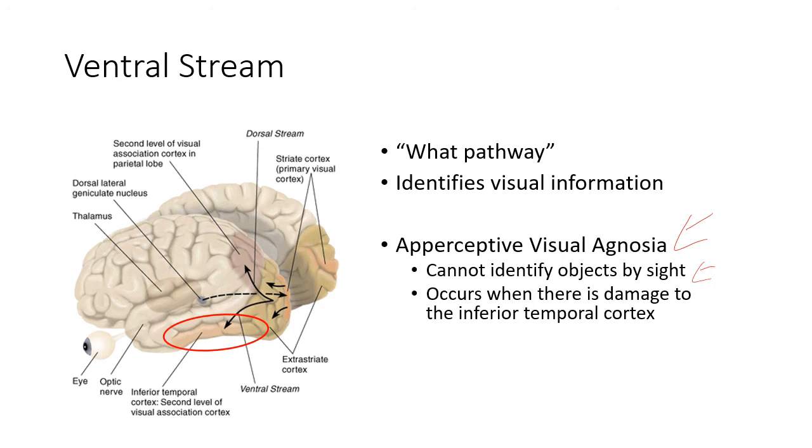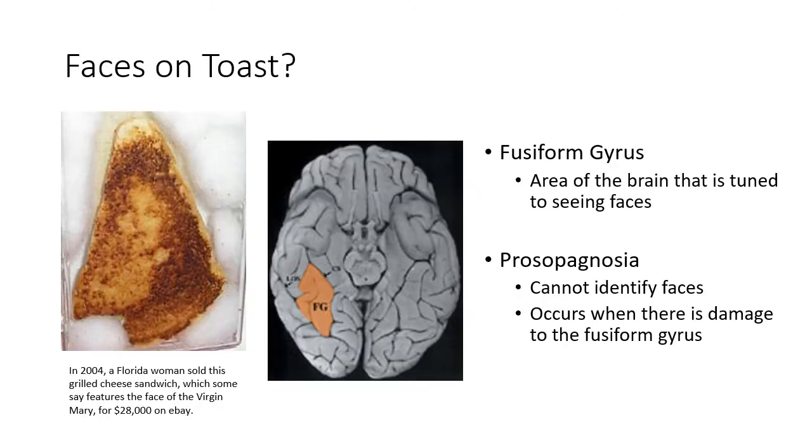Let's look at a specific part of that. A specific area of this is what's referred to as the fusiform gyrus, or the fusiform facial area, as it's sometimes called. And it's an area of the brain that's responsible for being able to determine faces.